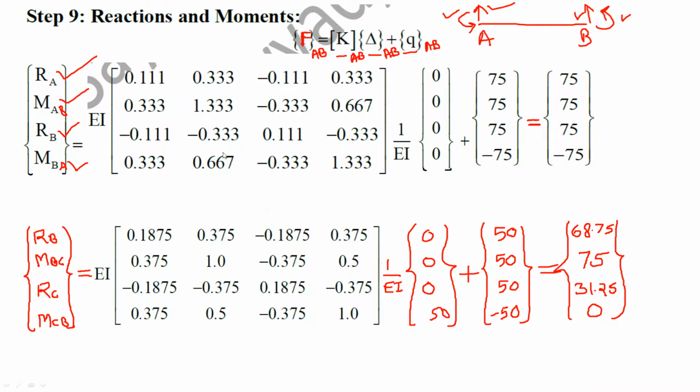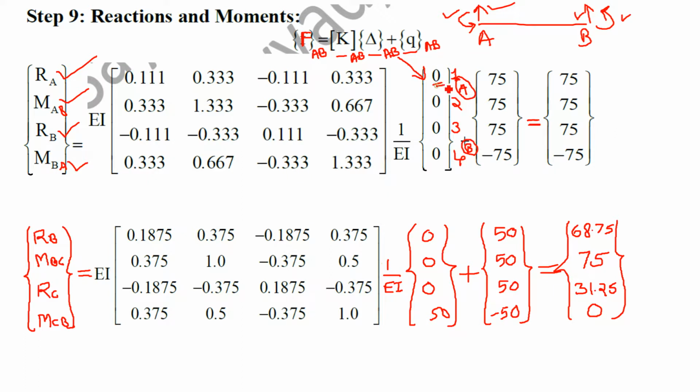Delta stands for the values of the unknown degrees of freedom in the AB member. In the AB member, the degrees of freedom are 1, 2, 3 and 4: 1, 2 at joint A and 3, 4 at joint B. What are the values of 1, 2 and 3?